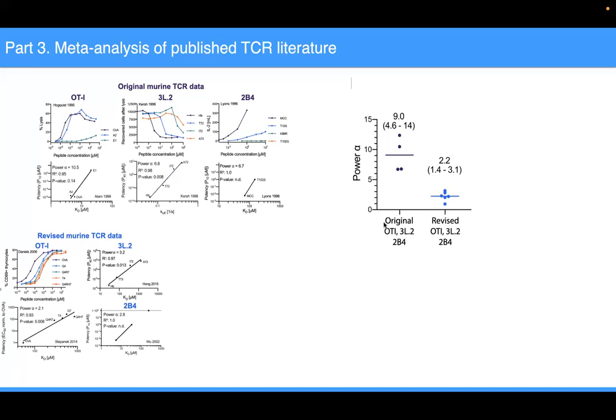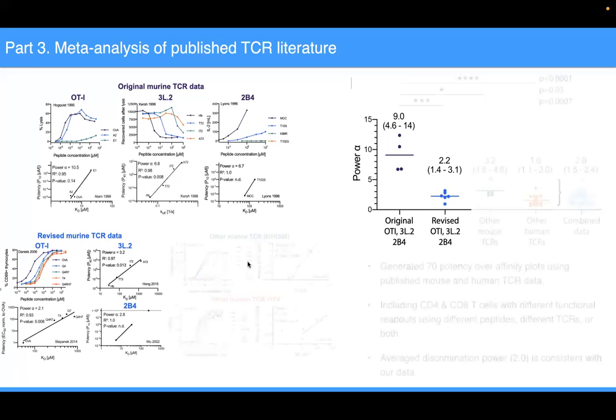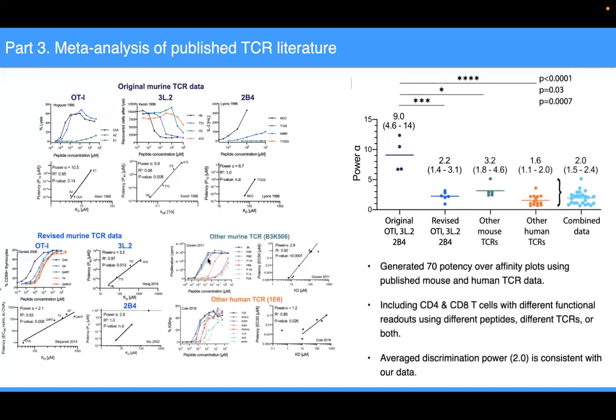And so scanning the literature, we were able to make potency affinity plots for other mouse and other human T-cell receptors. In total, we made 70 potency over affinity plots from which we could calculate discrimination powers. And as you can see here, we found that the powers were a lot more similar to the values we were getting. So 3 for other mouse and about 1.6 for other human TCRs.